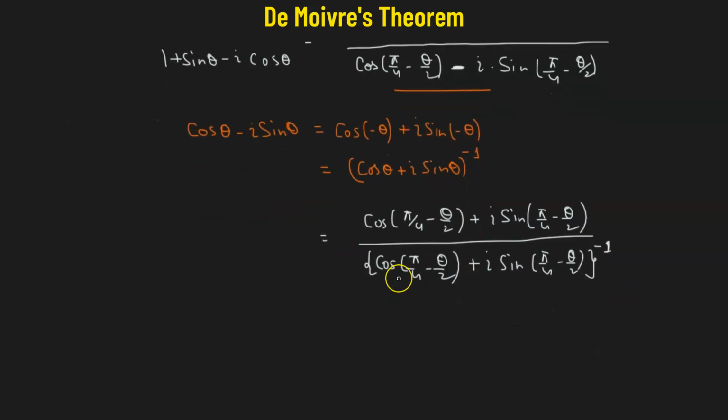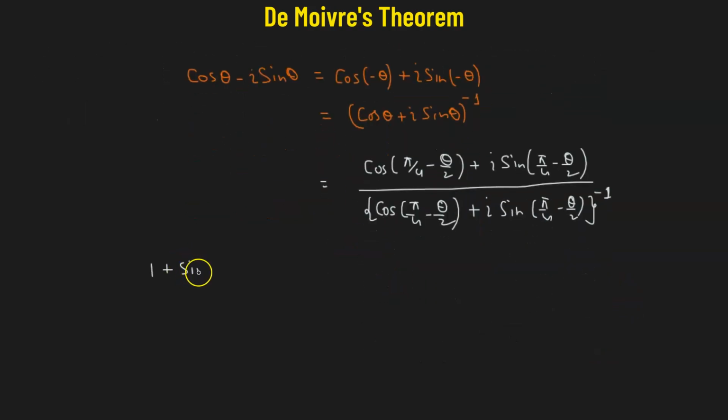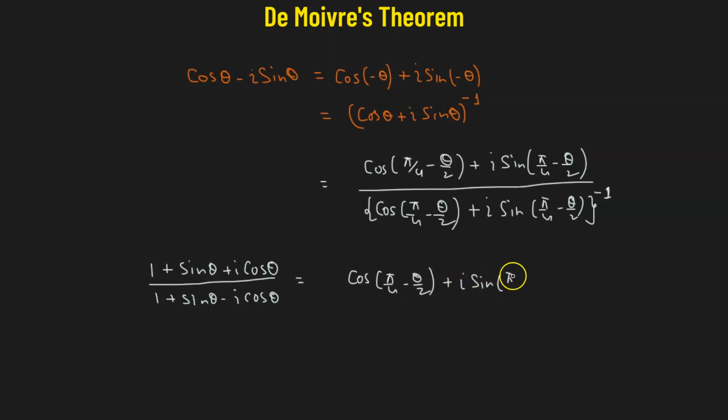So this means we will now have 1 plus sine theta plus iota times cosine theta whole divided by 1 plus sine theta minus iota times cosine theta. So this will now become equivalent to cosine of pi over 4 minus theta over 2 plus iota times sine pi over 4 minus theta over 2 whole raised to the power of positive 2.